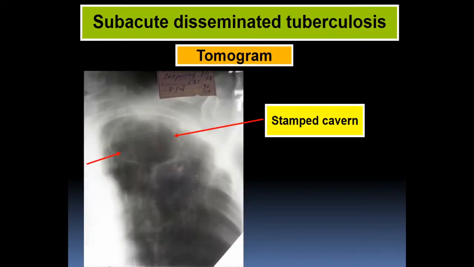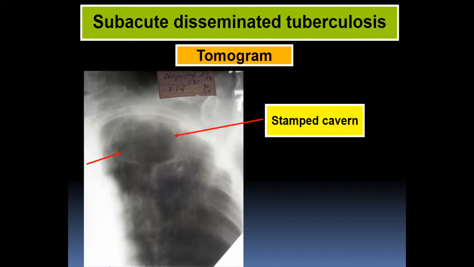For confirmation of destruction in the lungs, for confirmation of cavities, we use tomography, simple linear tomography, or CT scan. And on this tomogram, you can see a cavity, empty, without contents, with a very, very thin wall.